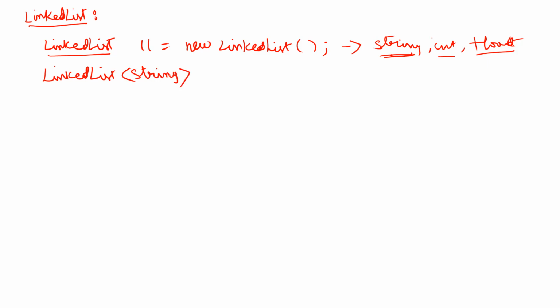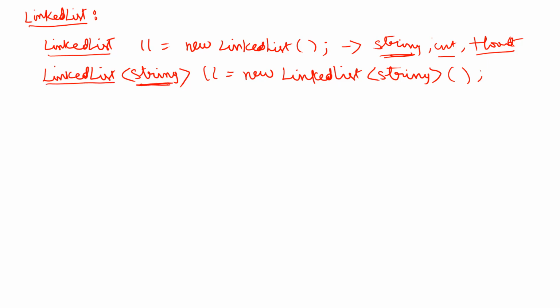So linked list in angular brackets string, and then give a name to the linked list equals to new linked list, and then in angular brackets again string. So this way we can create a linked list to accept only string objects. Similarly, if we want to accept only integer objects, then we have to say integer here and here as well. So this is how we can create a linked list to accept only a particular kind of objects.